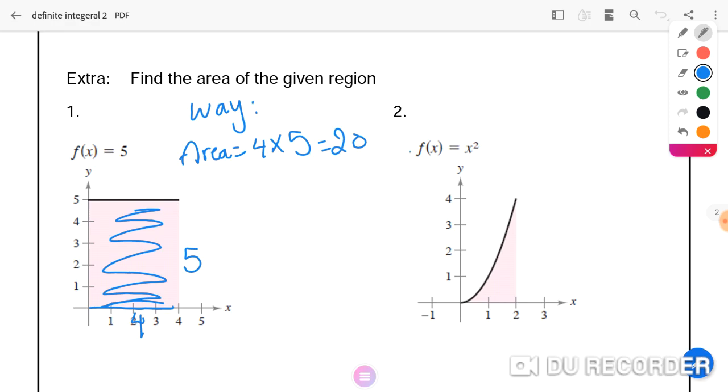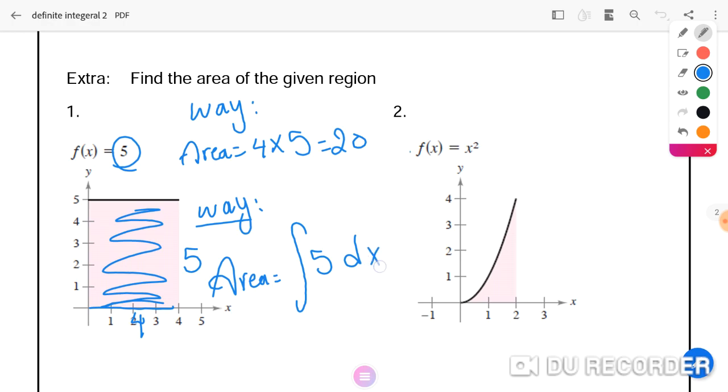For way number 2, because some given regions are not in the form of a geometric figure for which we have a geometric formula to find its area, we can use way 2 in this case. How to find the area? It will be the integration of the given function, which is here 5, with respect to x.